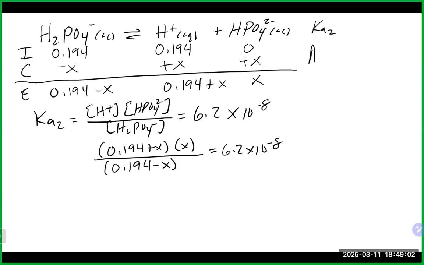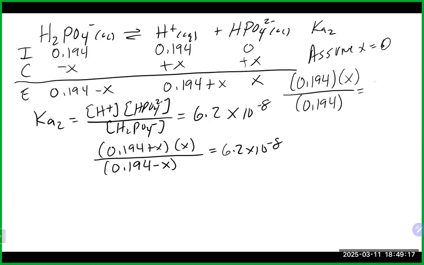Why not assume x is equal to 0, you ask? And I agree with you. Let's do that. And that's going to get us 0.194 times x divided by 0.194 equals 6.2 times 10 to the minus 8. I think I could do this math without the calculator. So those are going to cancel. And that's going to give us an x value of 6.2 times 10 to the minus 8.